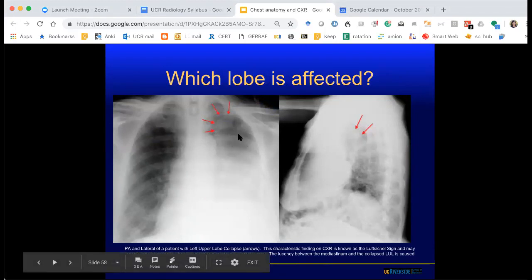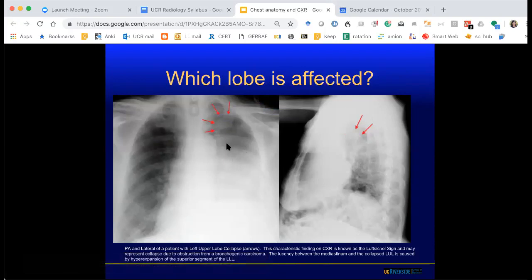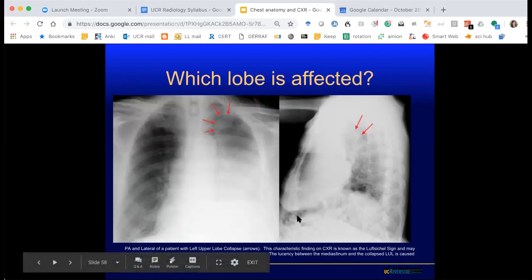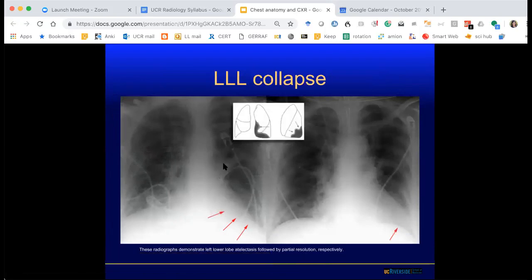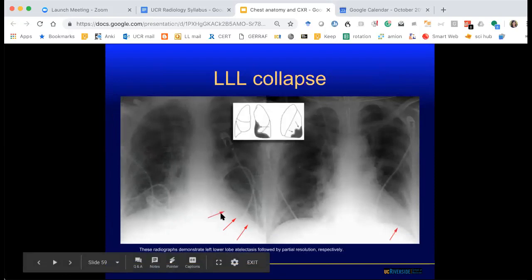Here it looks like it's a whole lung, but it's just the left upper, and the reason it looks like a whole lung on the frontal is because the left upper covers the entire anterior aspect of the hemithorax. So here we have left lower, so before we saw the entire opacity, here what we see is the opposite. So here the hilum is being brought down.